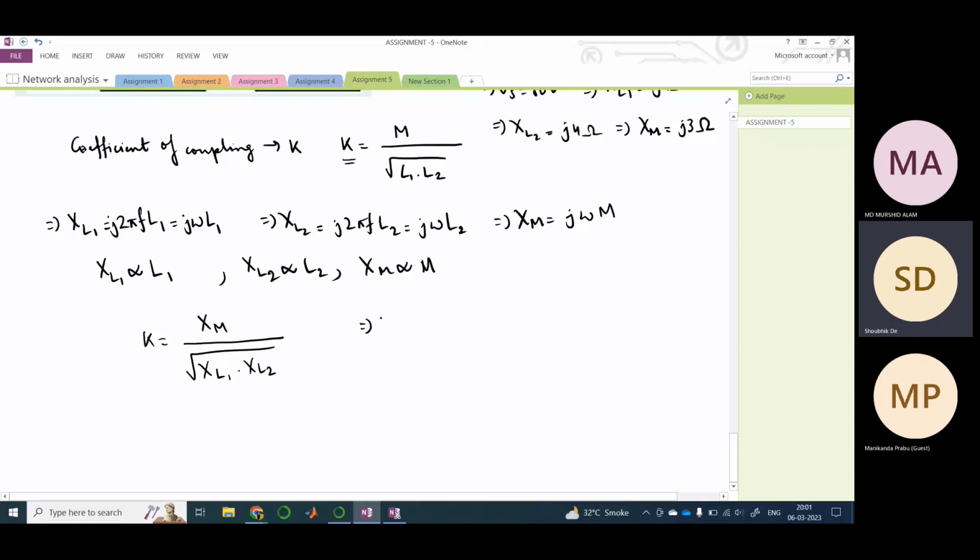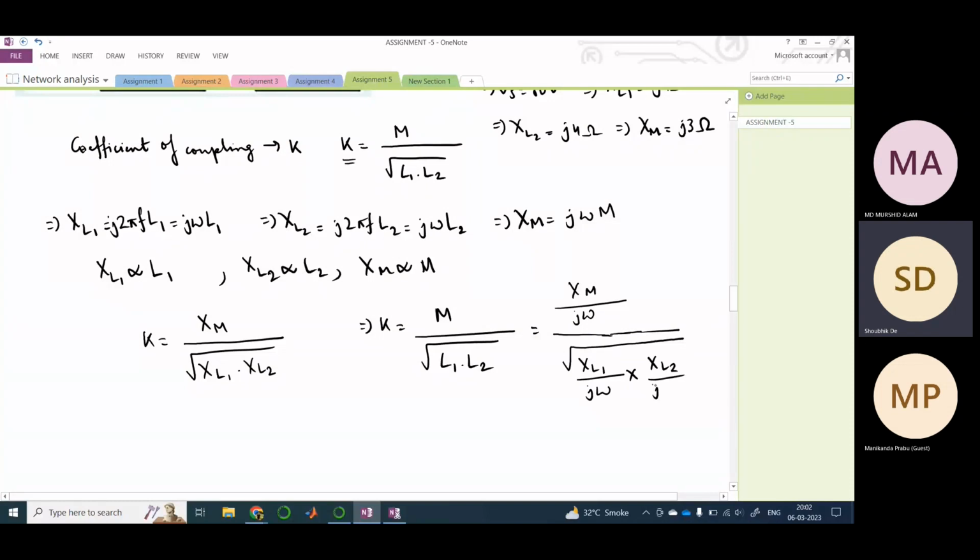Our initial equation was K equals M divided by the square root of L1 into L2. So what is M? If we substitute, M would be XM divided by j omega. Similarly, L1 would be XL1 divided by j omega, and L2 would be XL2 divided by j omega.